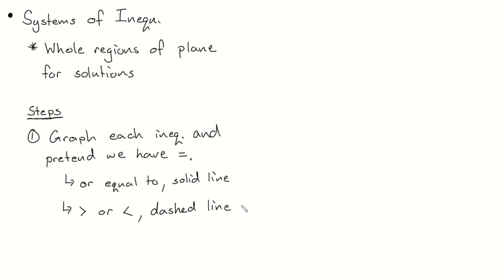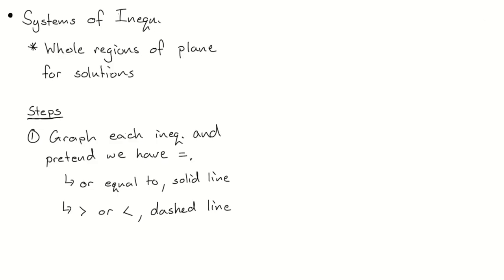We can graph each equation independently, treating it like an equal, before we actually commit to drawing it. We need to pay attention: is it going to be solid or dashed? When we get a couple of lines on our graph, we're going to see that it splits the entire plane into several regions. If there are 2 inequalities, there's probably going to be 4 regions, most likely anyway, but we'll deal with it as we go.